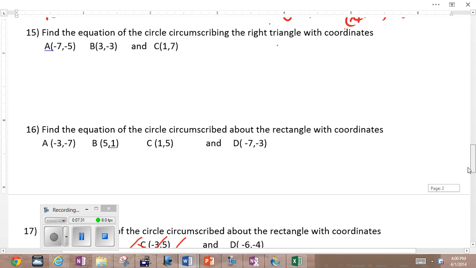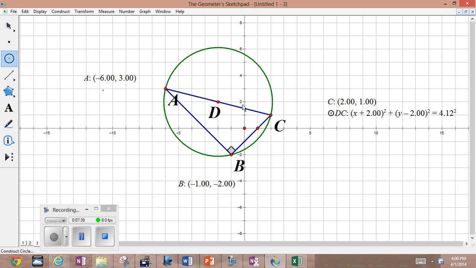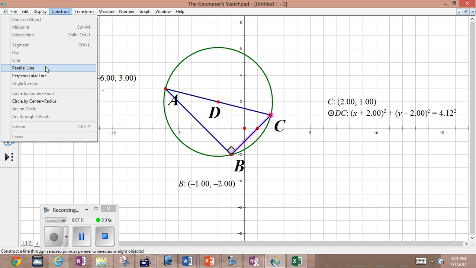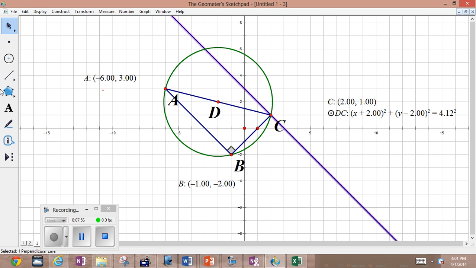Again, number 16, we could probably just show you that. Let me tell you what I'm going to do real quickly just to illustrate this. I'm going to draw a perpendicular to this, and that would construct for me the rectangle.